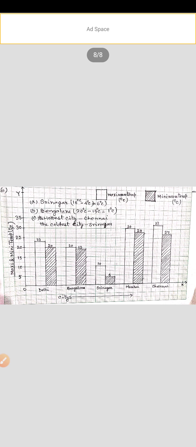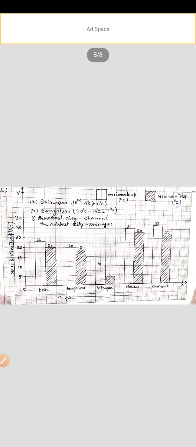Question 6b: which city shows the minimum difference in the day's temperature? That is Bengaluru, maximum temperature 20 degrees Celsius and minimum temperature 19 degrees Celsius, and the difference is 1 degree Celsius. So the required answer is Bengaluru.